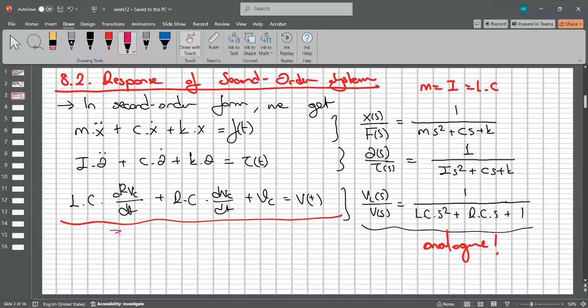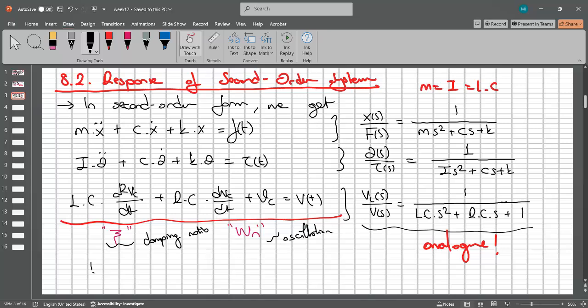Just remember that we have the important parameters zeta and Wn. This is the damping ratio, related to the energy loss. This is the Wn, the oscillation parameter, right?